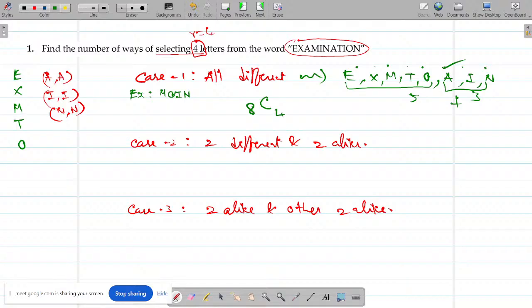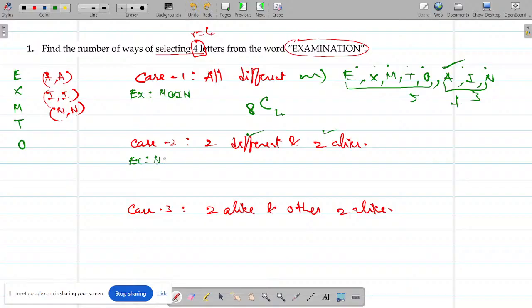Hope it is okay. Second case, 2 different and 2 alike. Can you give an example? N, X, O, N. Or let me take N, A, I, O. Sorry, it's two different and two alike.